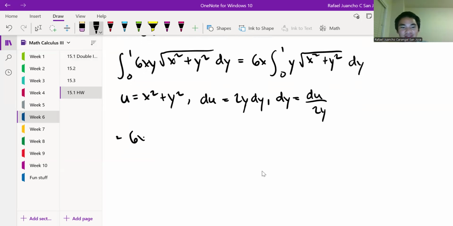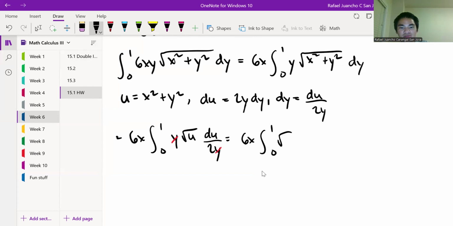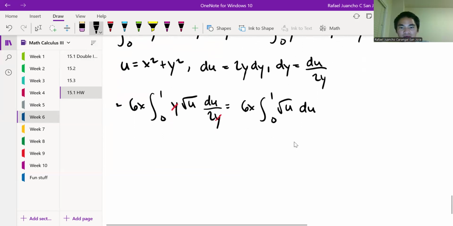So I got 6x of this. My y, u, du, dy, cancel. I get 6x, 0 to 1, square root u, du, right? And then from there, or actually here I get 3x, funny enough.